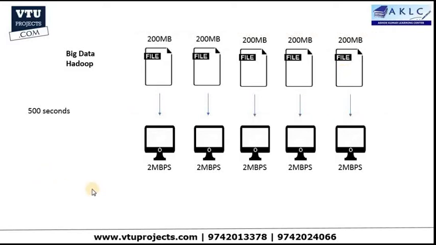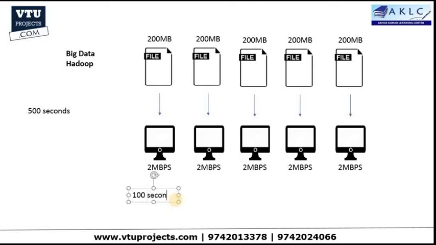Now if you calculate the time taken by one laptop, this laptop will have to copy this 200 MB file, this laptop will have to copy this 200 MB file, like that. In 1 second it will copy 2 MB, so for copying 200 MB it will require 100 seconds.